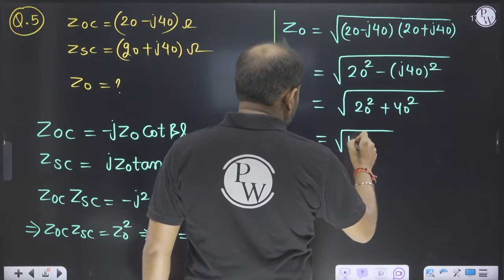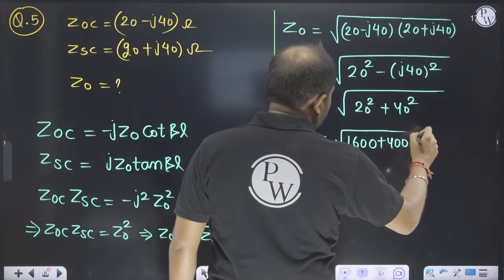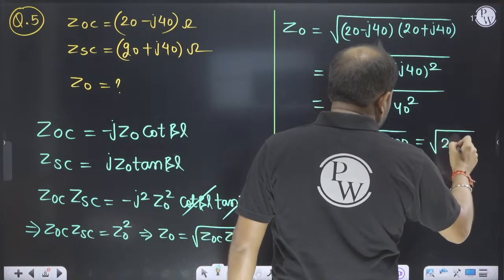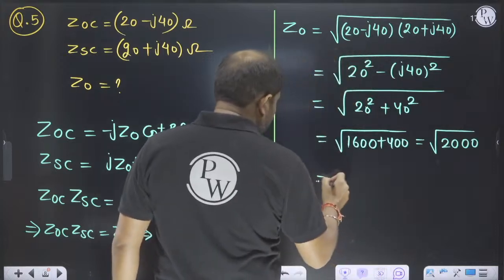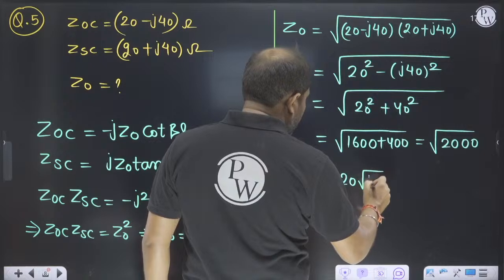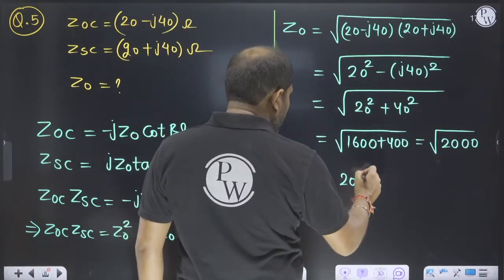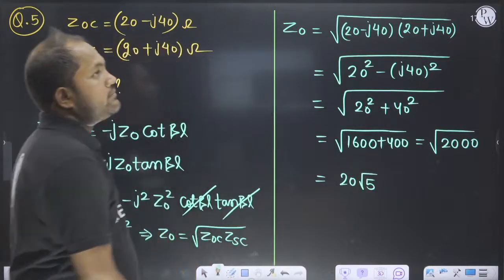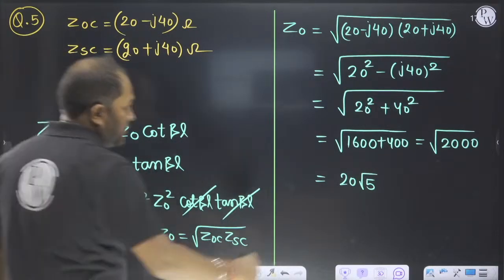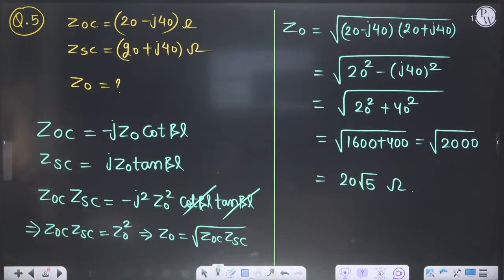So it will be 400 plus 1600, which is 2000. The square root of 2000 is 20 root 5. So it will be 20 root 5 ohm. This is our answer. This is a simple question they have asked in the GATE exam and ECE exam also. So you take the square root of ZOC into ZSC and you will get the answer.